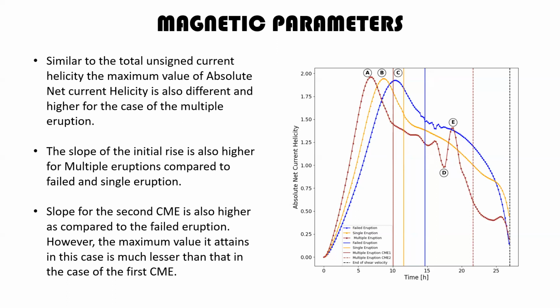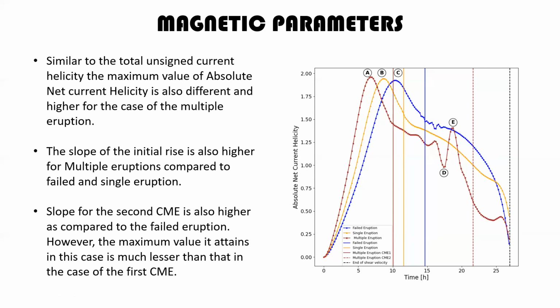So if we do a high resolution simulation, one can see the slope of these plots will increase further, because we will get the eruption and the reconnection in lesser time. But we have checked that the overall profile remains the same, in the case of failed eruption, single eruption, and multiple eruption.